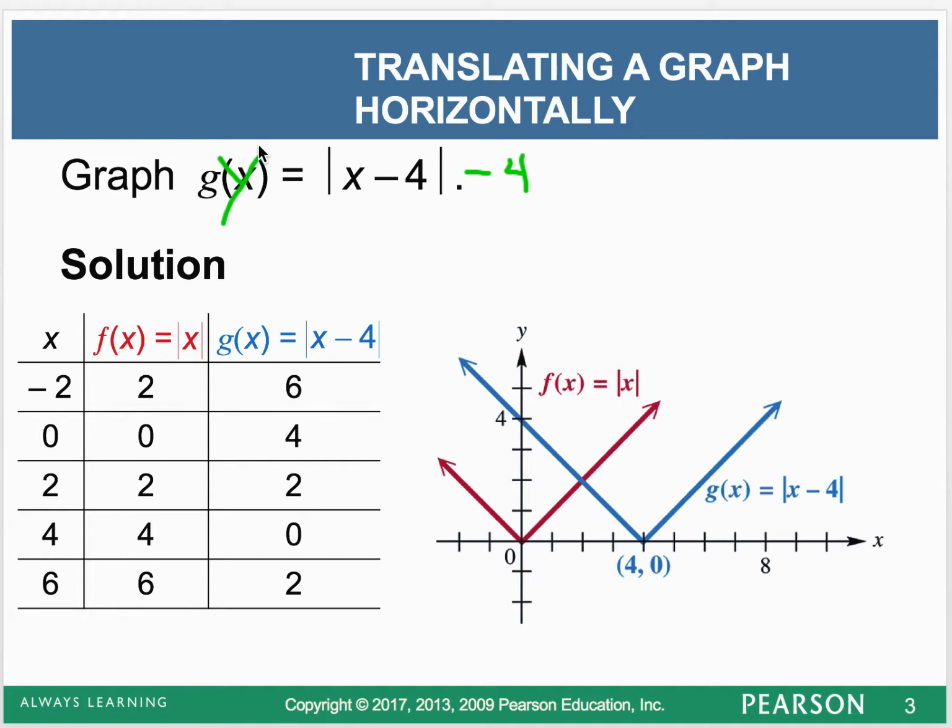So really they do the same thing. It's just that once we solve for y, we've already moved everything over here and kind of made it have the opposite sign. But inside with the x, it's going to appear to do the opposite. So if this would have been a plus sign, it would have moved left 4 units.